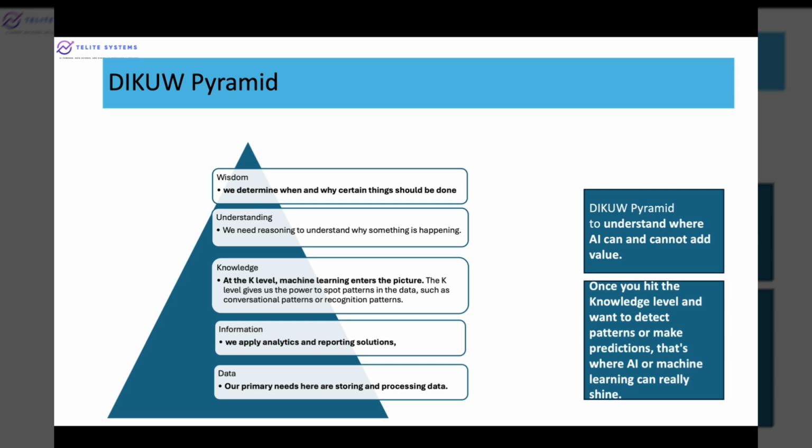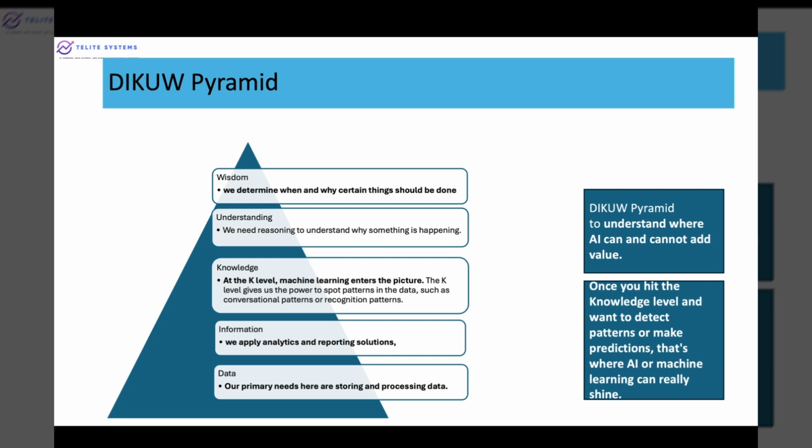The DIKUW pyramid helps us understand where AI can and cannot add value. D stands for data. Our primary needs here are storing and processing data.